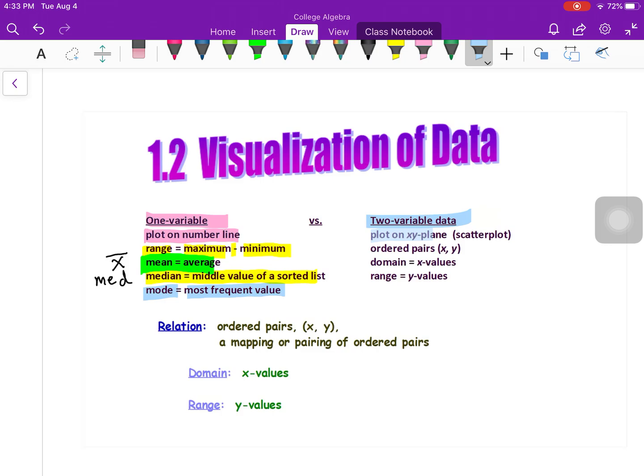On our two variable data, we can plot that on a XY plane. That's called a scatter plot. Simply plotting X and Y values create what is called an ordered pair, X, Y. And in that ordered pair, all of the X's are called your domain, and all of the Y's are called your range.